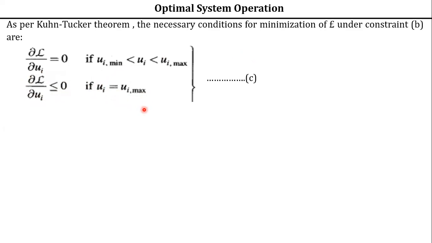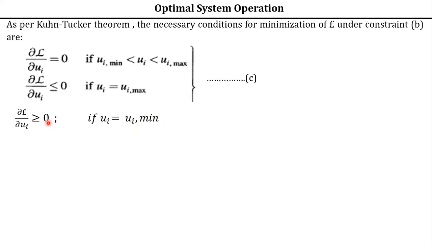So in such a case, the gradient will be positive. That is nothing but what I am going to represent as greater than or equal to 0. Clear? When the control variable violates the minimum limit, that minimum value will be assigned to your control variable. In such cases, your gradient will be positive, that is greater than or equal to 0.